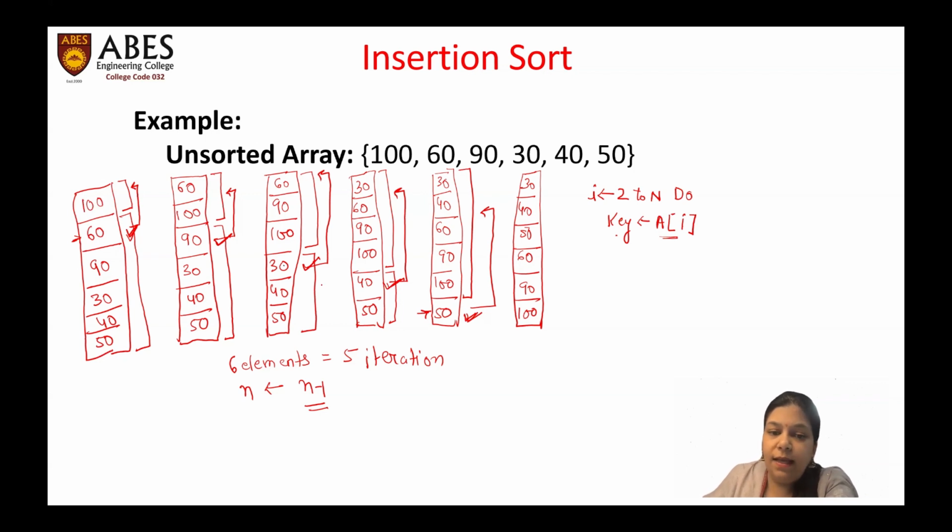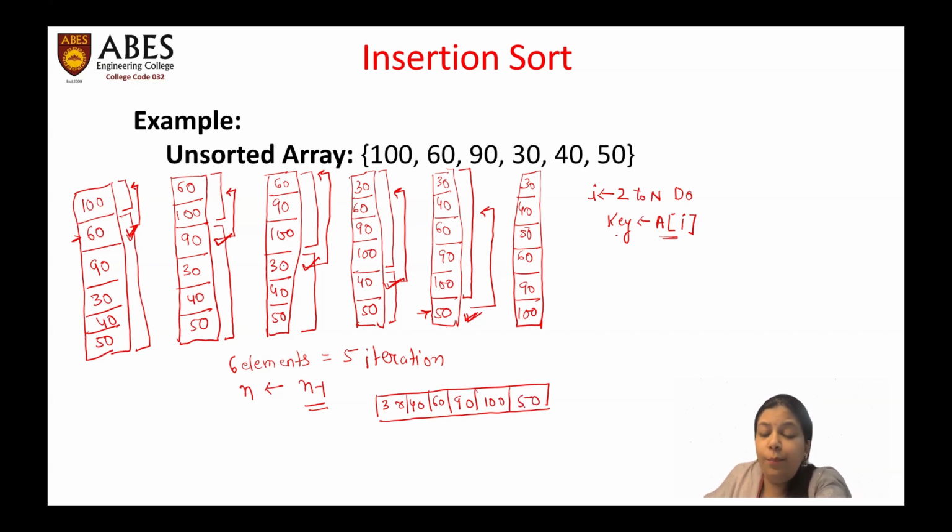Now, suppose we consider the last iteration in which we placed 50 at its appropriate position. What exactly are we doing? Let me just make this array one more time. At this particular point of time, it was 30, 40, 60, 90, 100, and 50.